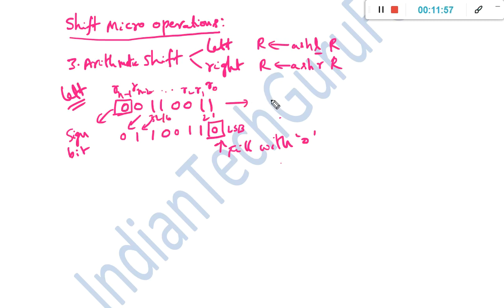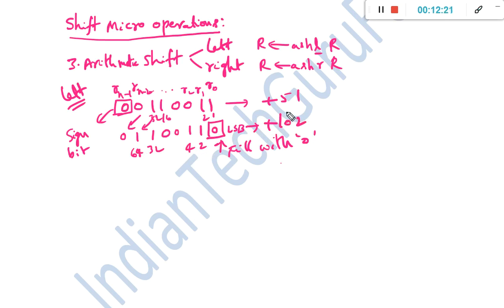The sign is plus, so this is plus 51. If you consider the result after the shift operation: 1, 2, 4, 8, 16, 32, 64. 64 plus 32 is 96, plus 4 is 100, plus 2 is 102. So we get plus 102.